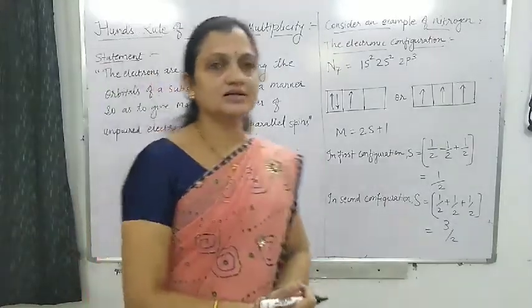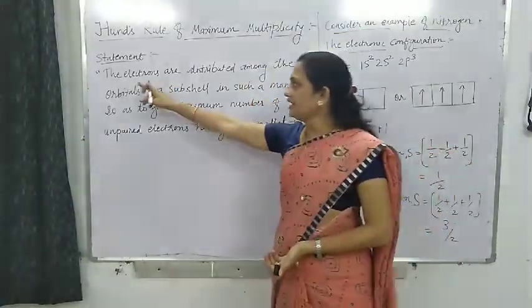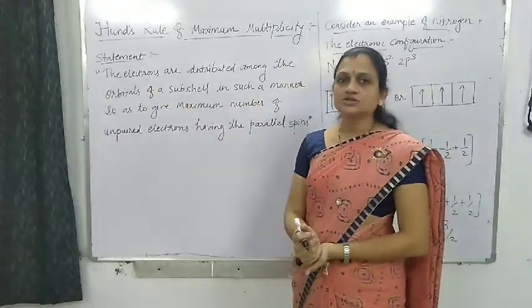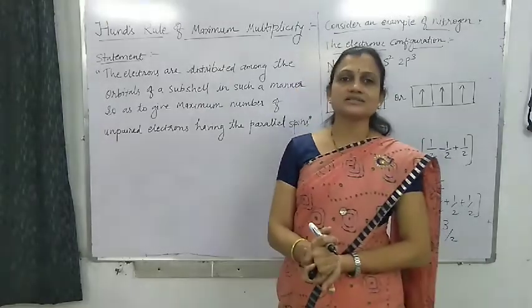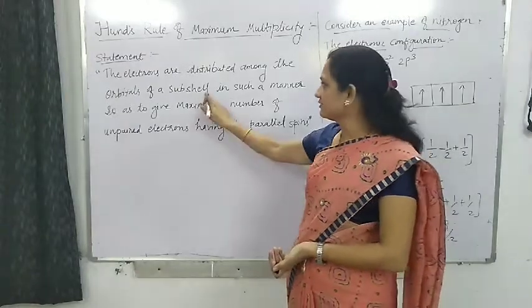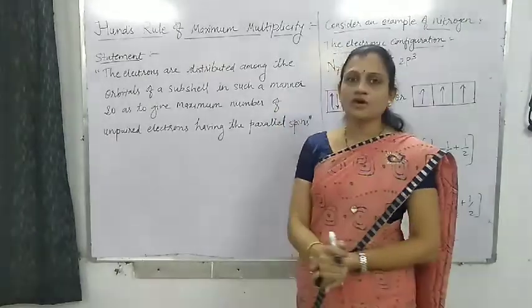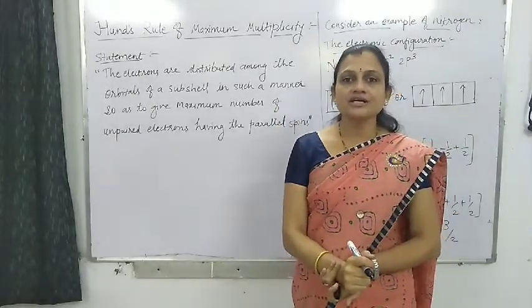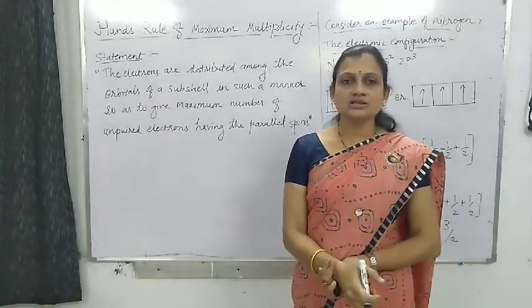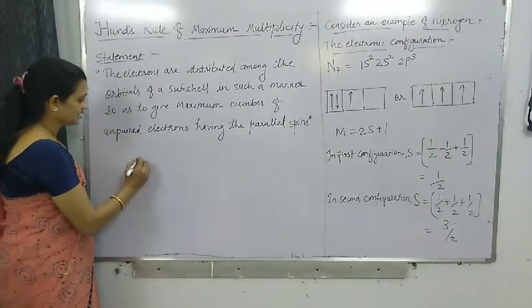So in the Hund's rule of maximum multiplicity, the statement is: the electrons are distributed among the orbitals of a subshell in such a manner so as to give the maximum number of unpaired electrons having parallel spin. इसका मतलब ये है, हम लोग जब इलेक्ट्रॉन्स का ऑर्बिटल में अरेंजमेंट करते हैं, suppose here we are, this is the p orbital.